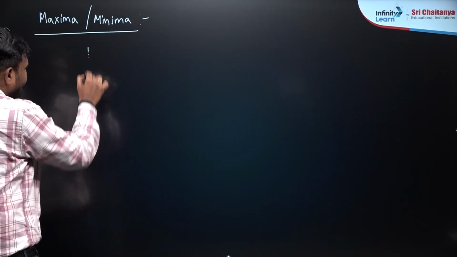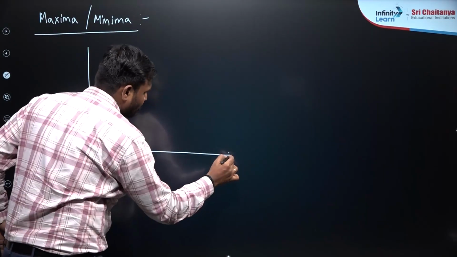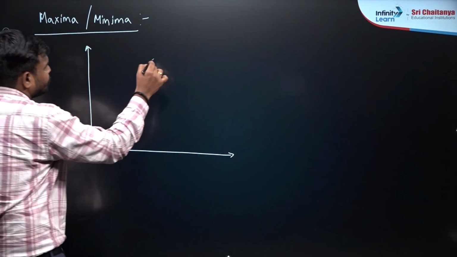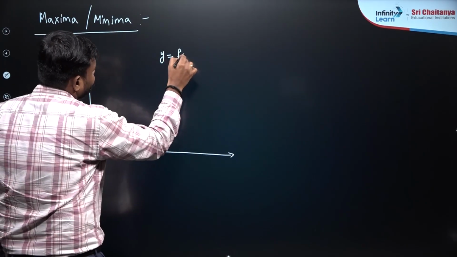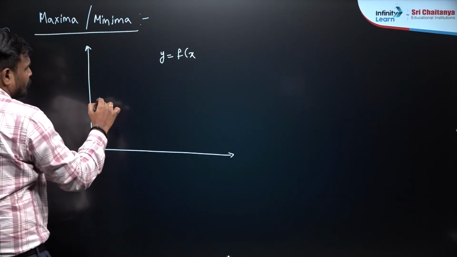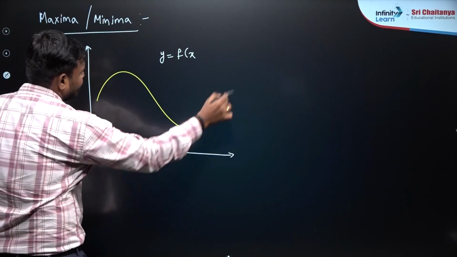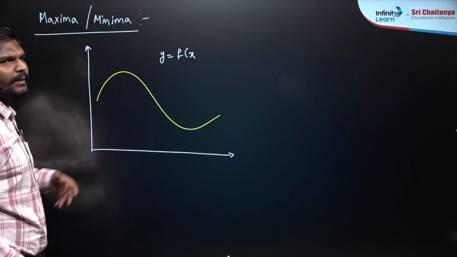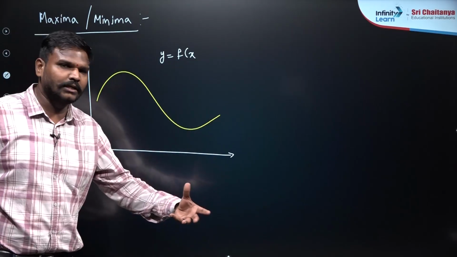So in a particular function, let us say the graph is something like this, it may be a sin theta curve or cos theta curve.